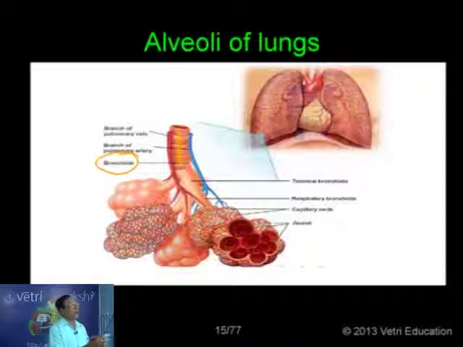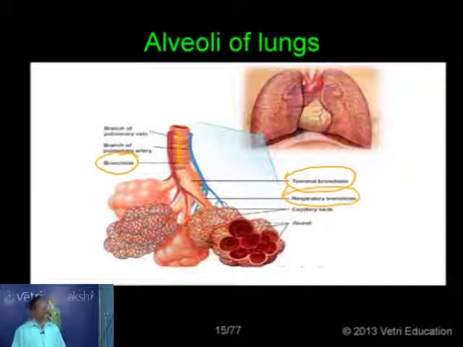From that we have the terminal bronchiole, the minor branches, and in some cases the simplest branch, the respiratory bronchioles. So we have bronchi, then primary, secondary, tertiary, then bronchioles, terminal bronchioles or respiratory bronchioles. These respiratory bronchioles end in a cluster of air sacs, which we call alveoli.